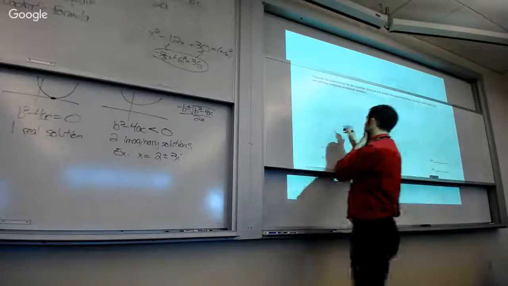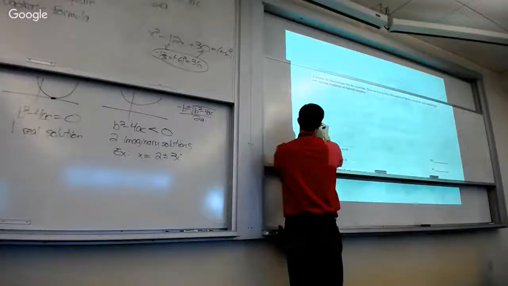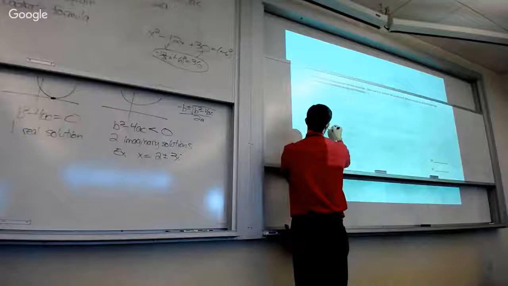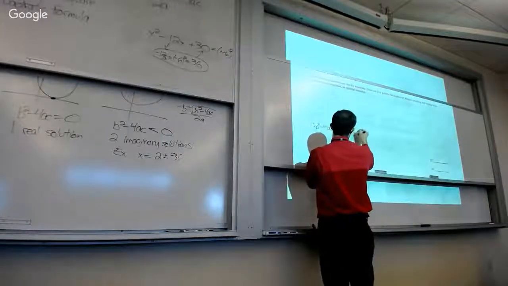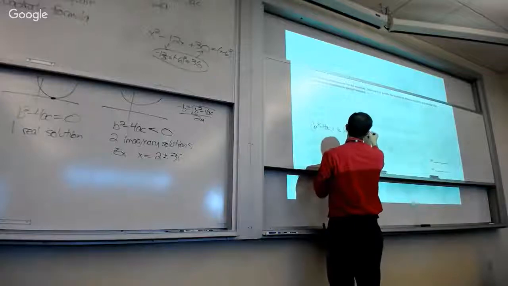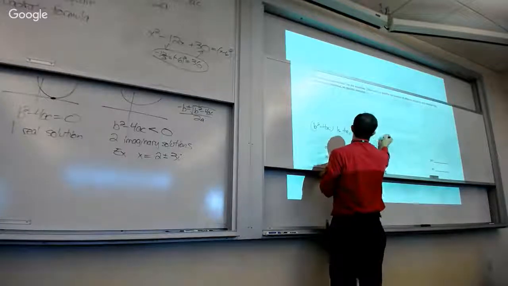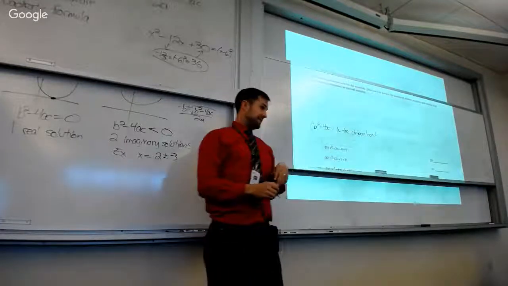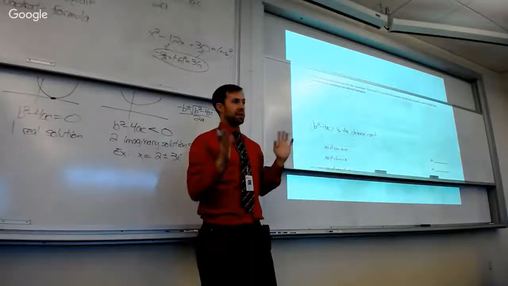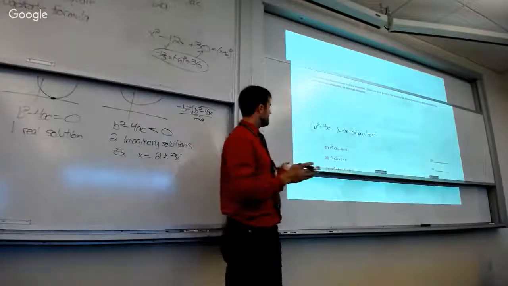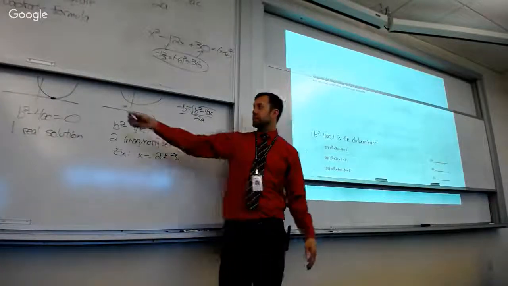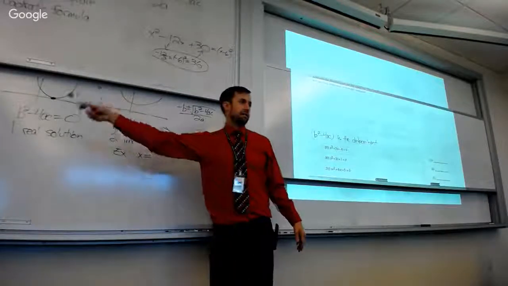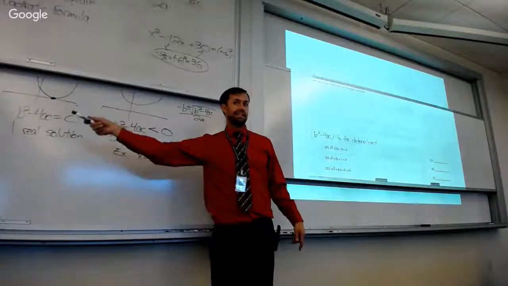So in terms of just a definition, the b squared minus 4ac, just that term right there, is the determinant. And just by calculating it, you don't have to do the whole problem. All you need to do is just calculate b squared minus 4ac, and you can immediately know what kind of parabola you're looking at and how many solutions you should get.